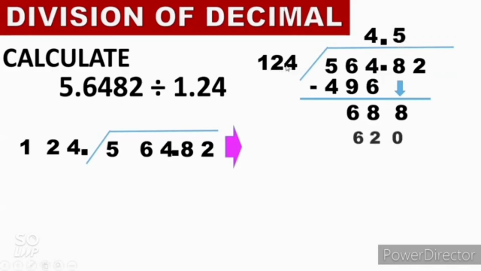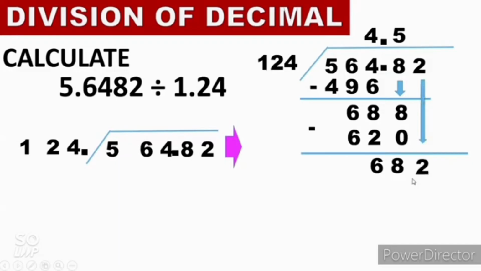Then 5 times 124, we have 620. Next, subtract 688 minus 620. The answer is 68. And then the next step is to bring down 2. So now we have 682 divided by 124, and the answer is 5. 5 times 124, the answer is 620.